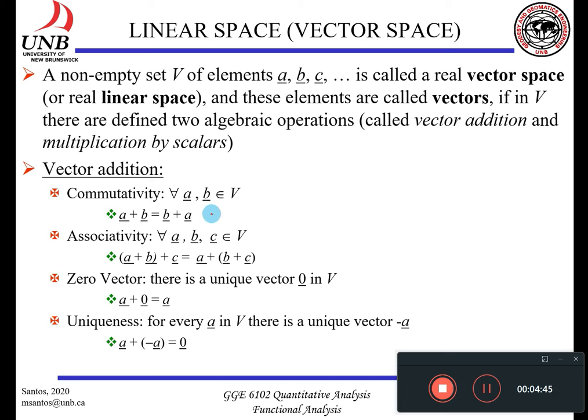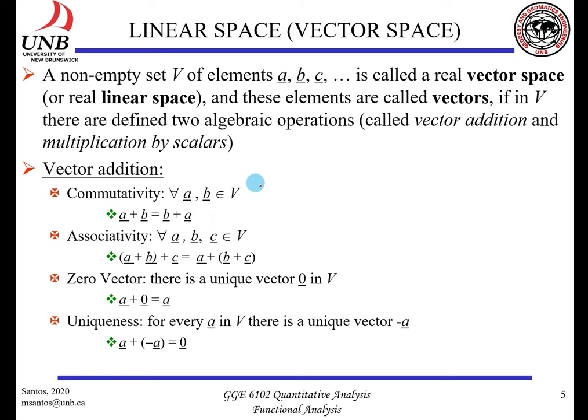We have the commutative property: given two vectors A and B, it doesn't matter how we add them. Associativity: we can add three vectors in different ways. The zero vector property, and also the uniqueness of the negative: for every vector A in this space V, this linear or vector space V, there is a unique vector minus A.